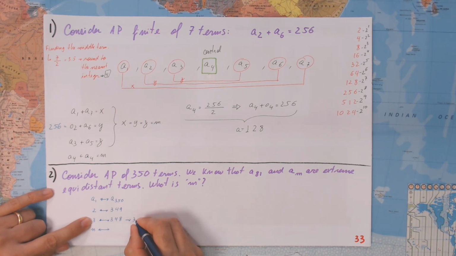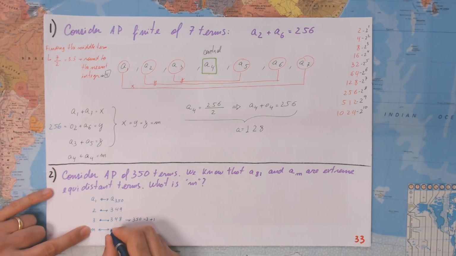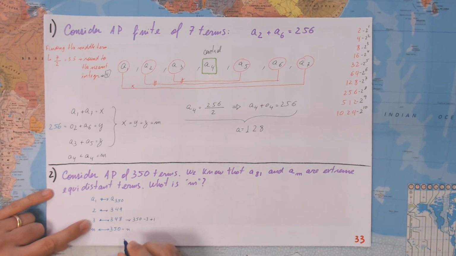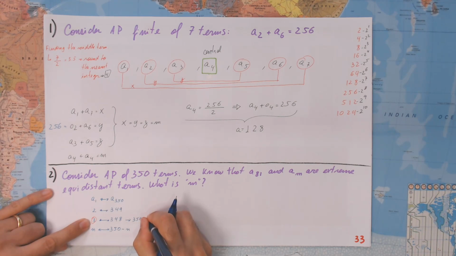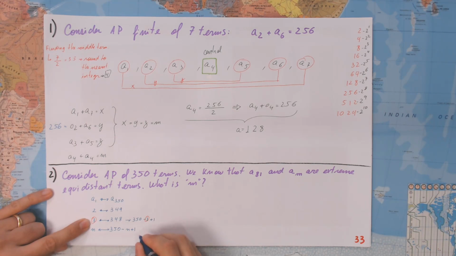We could write that this would be 350 minus 3 plus 1. Okay, so what is going to be n? N is going to be like 350 minus n plus 1, right? So this is like 351 minus n.